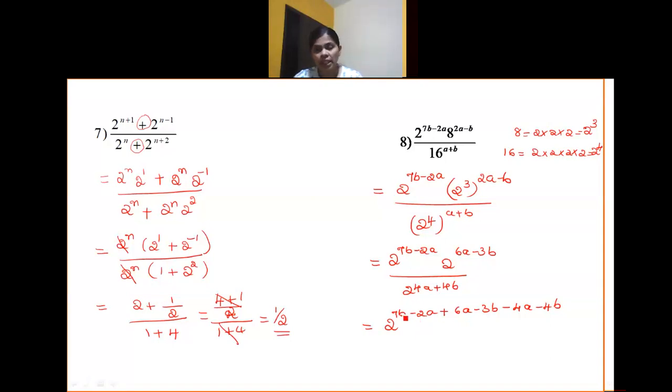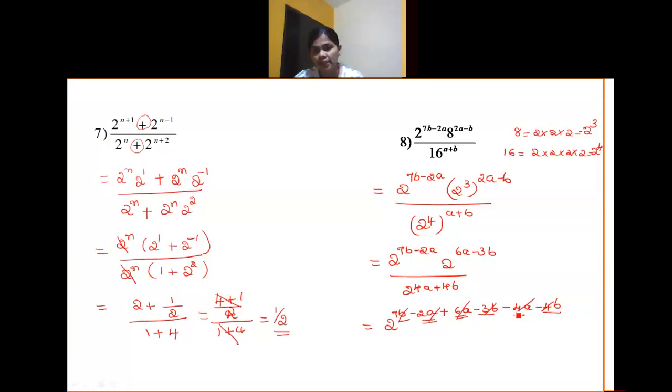Okay. Then we have 7b minus 3b will be plus 4b minus 4b. So all these three terms get cancelled. Then we have minus 2a plus 6a is plus 4a and minus 4a cancels.